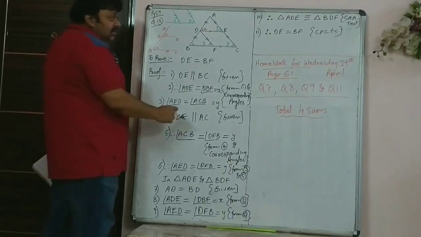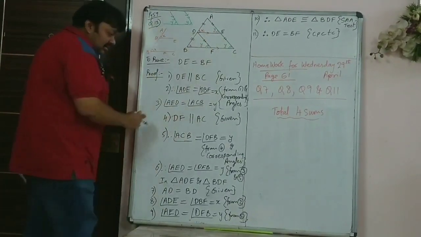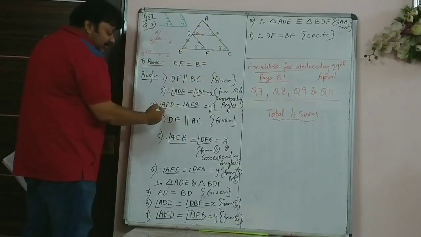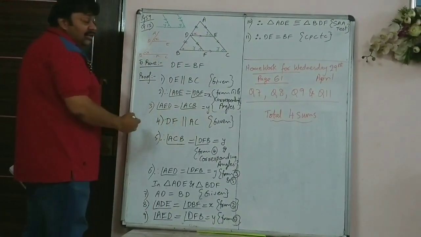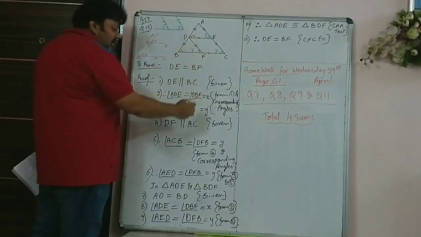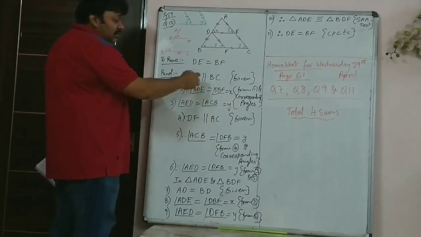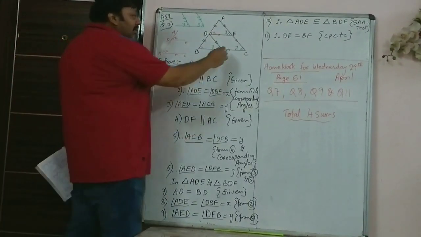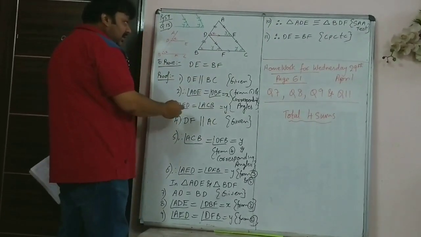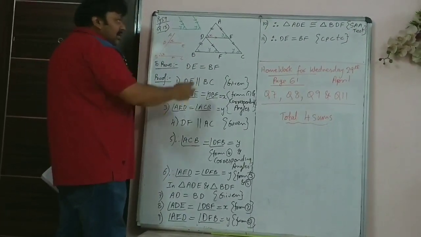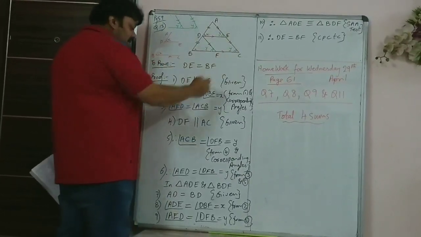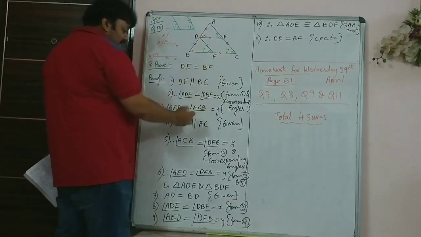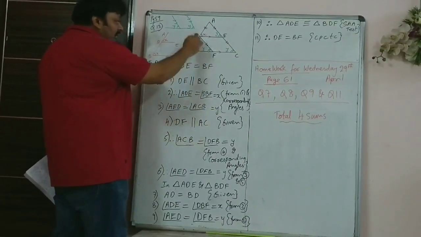So all the steps are written there. These are three steps: you have first written AED is equal to ACB, which is equal to y. That is because you have been given DE parallel to BC, and therefore these two are corresponding angles. AED is equal to ACB. Then you are given DF parallel to AC, so you have written that the same ACB is equal to DFB.